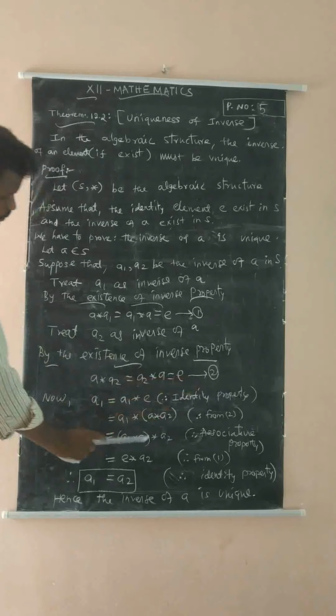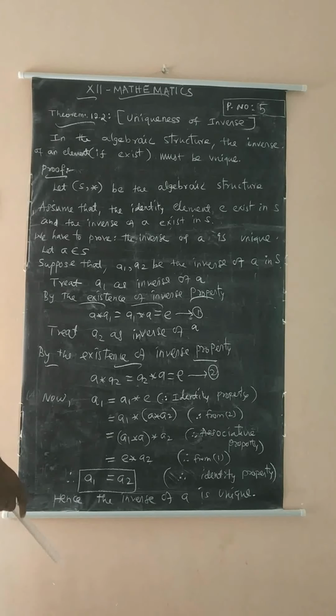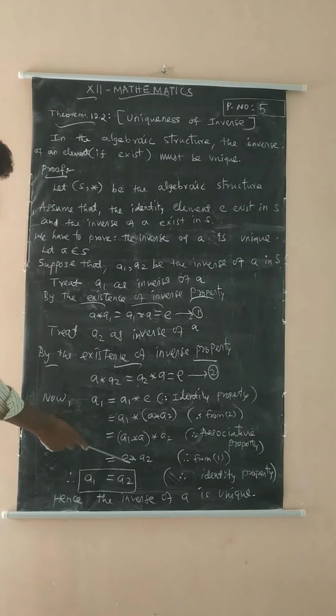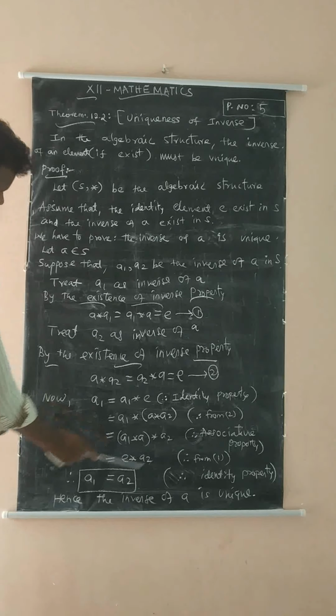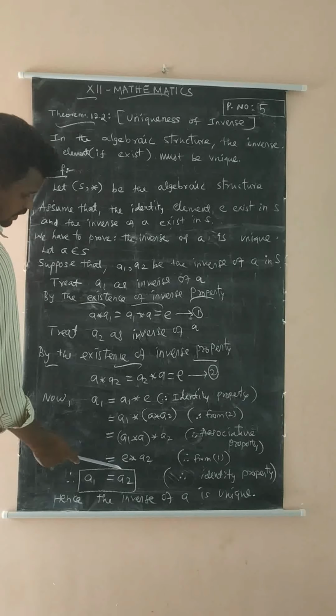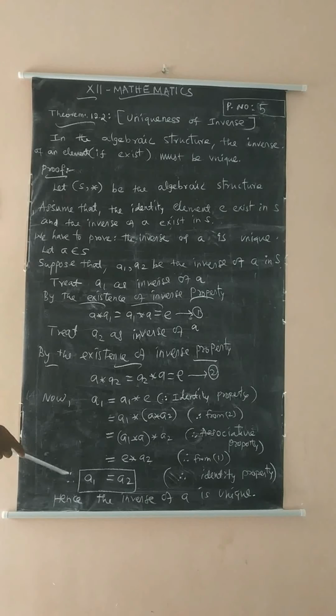By the associative property, change the brace: (A1 star A) star A2. From equation 1, A1 star A is equal to E. So this is E star A2. By the identity property, E star A2 is A2. So A1 is equal to A2.